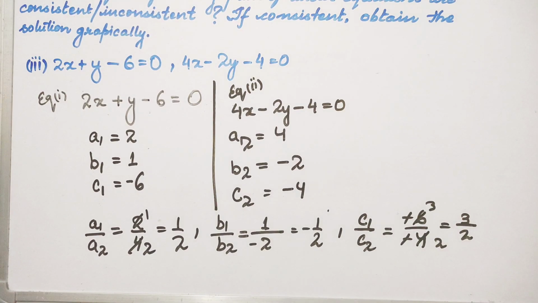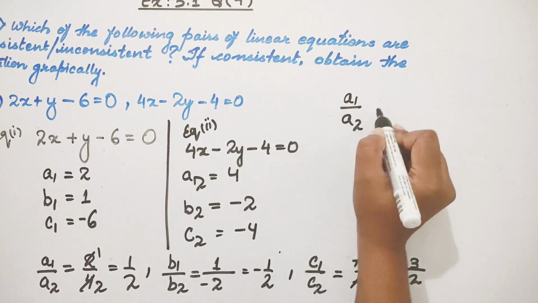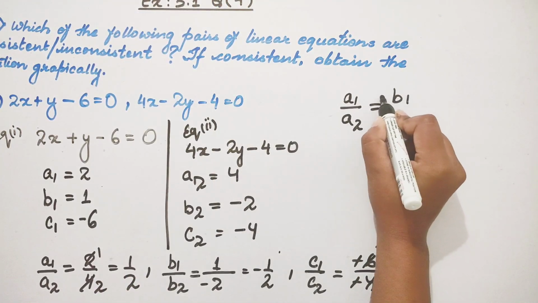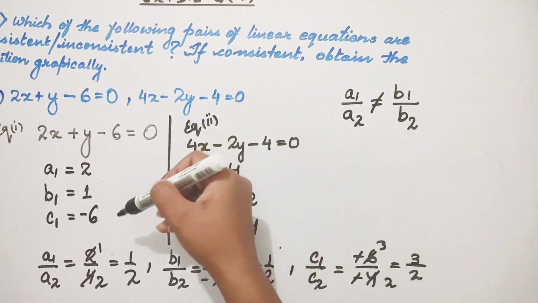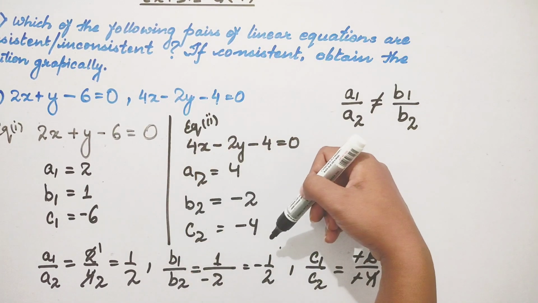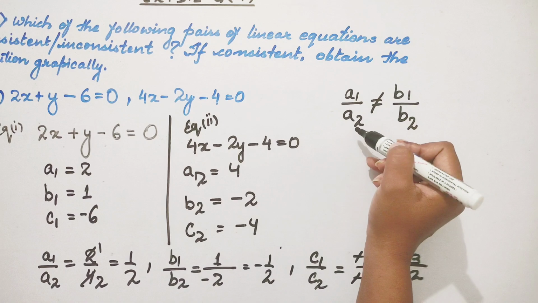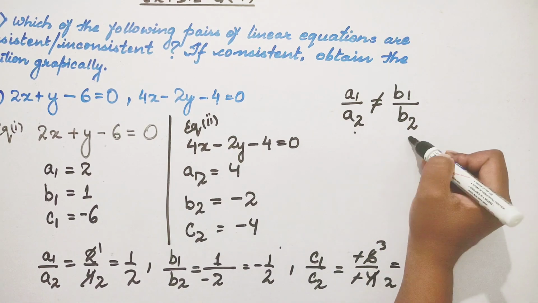Here we can see that all of them are unequal. That is, a1 by a2 is half and b1 by b2 is minus half. So a1 by a2 is not equals to b1 by b2.